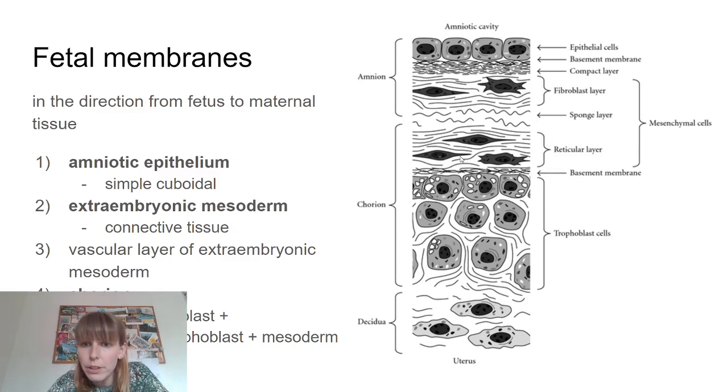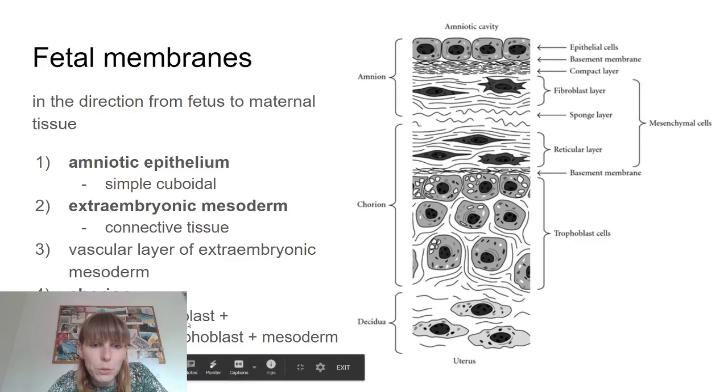So together this will be extraembryonal mesoderm. So we'll have epithelium of amnion, extraembryonal mesoderm from both amnion and chorion, and then we will have the part of the chorion which is the trophoblast. So it will be cytotrophoblast and syncytiotrophoblast.